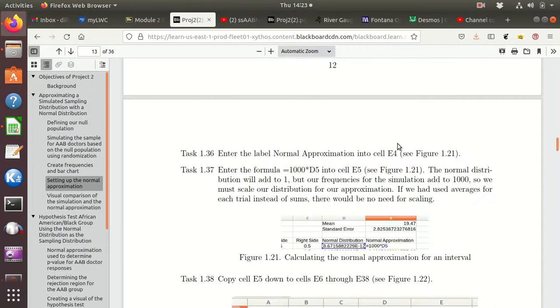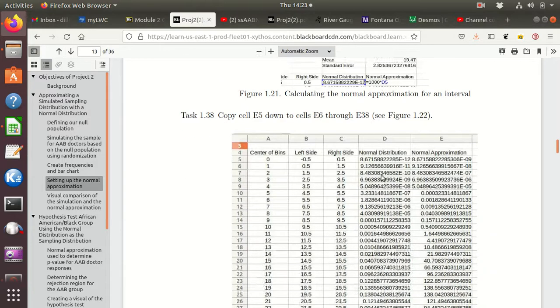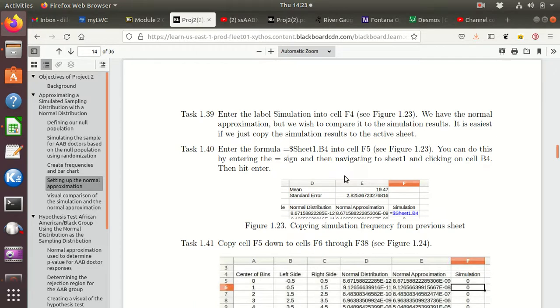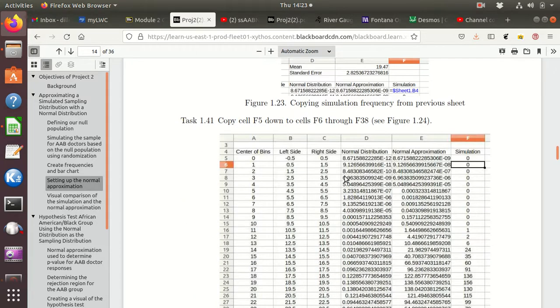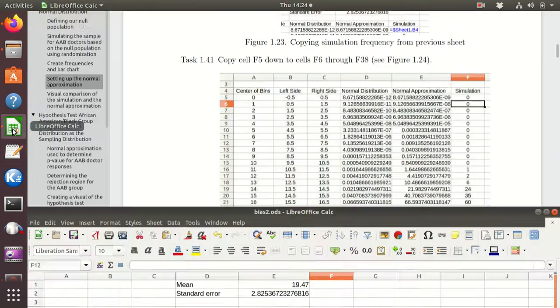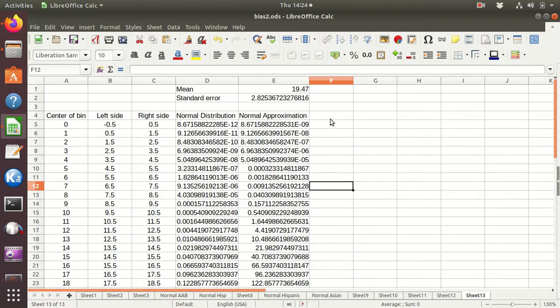And so there's the normal distribution, there's the normal approximation, and then what I do is I go here, and since I'm just on a new sheet, under the simulation, I can copy my frequencies. Now, good question as to whether I know where those frequencies are. And let's see, so this says normal.